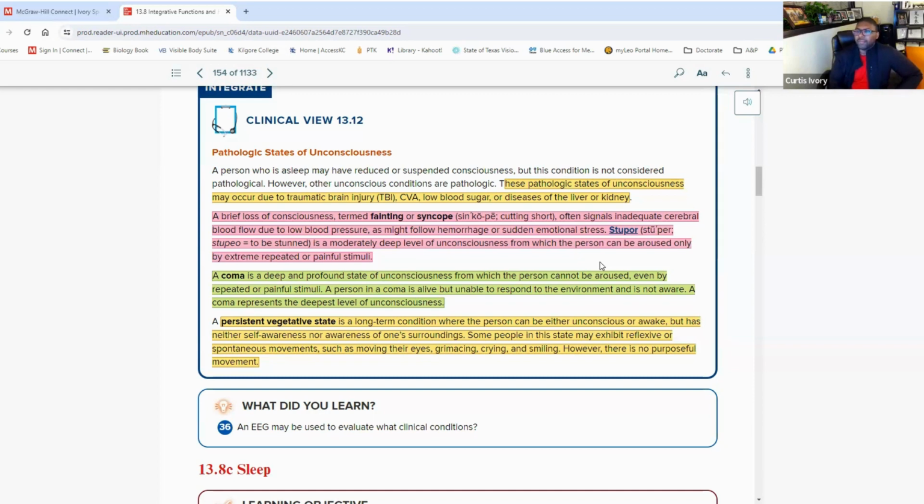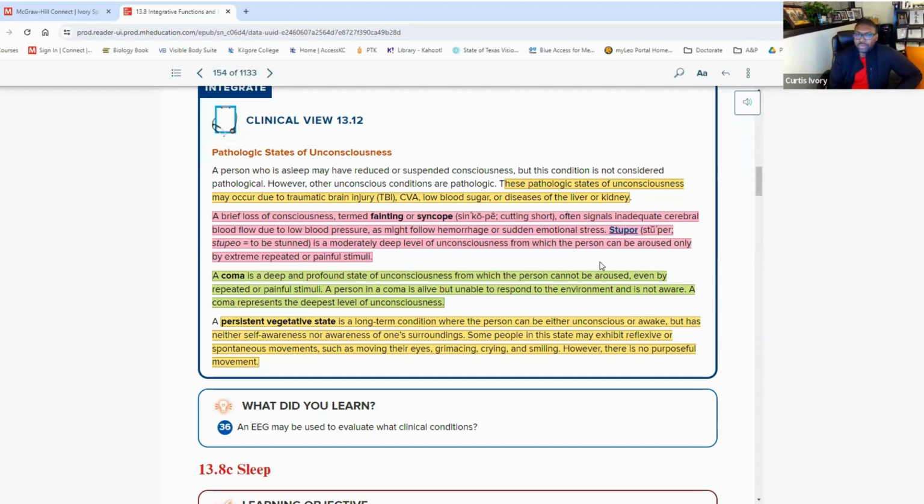If you have a brief episode where you pass out, we call that fainting or syncope, which is the actual medical term for it. This could be due to low blood pressure. Again, if you put someone in a chokehold and decrease the pressure in their carotid arteries, you can cause someone to pass out. If you are overstressed, you can also cause someone to faint.